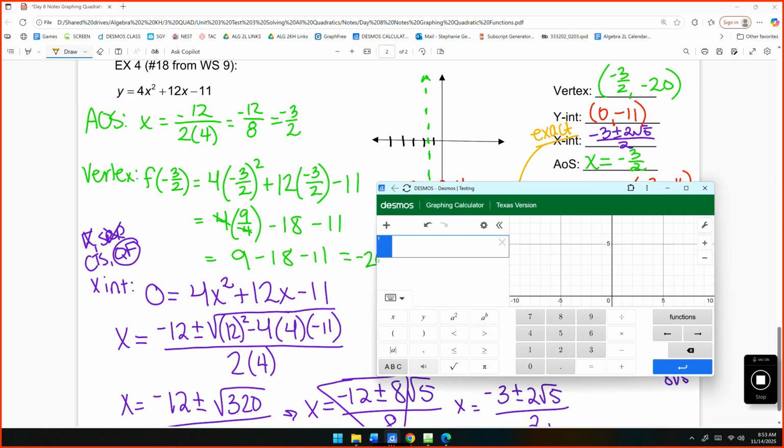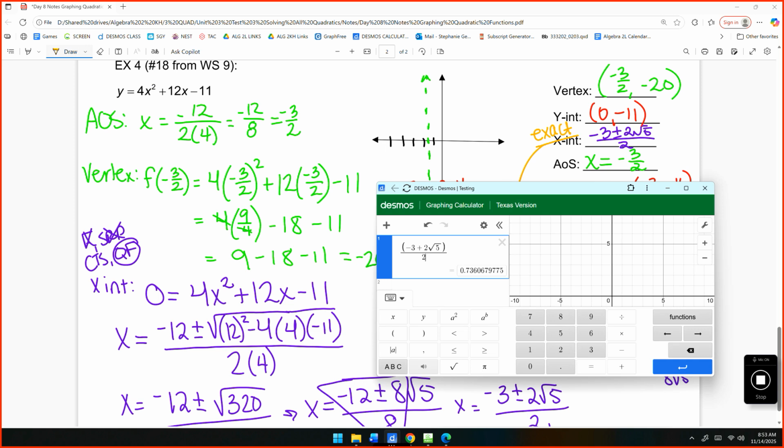So what I'm going to put in the calculator is negative 3 plus 2 root 5, whoops, all over 2, okay? And I get a decimal approximation. I'm going to go out 3 decimal places.